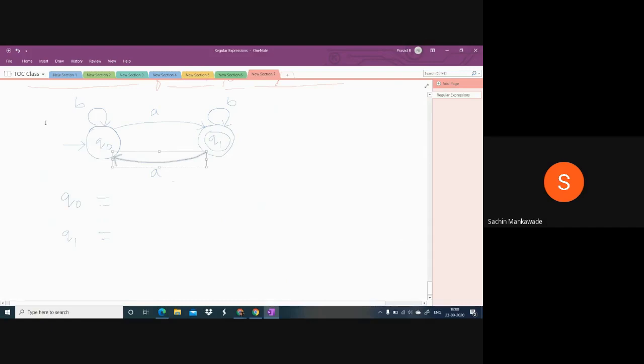And this is from outside. So for this reason, Q0 equal to, we write epsilon. And this is another edge. Look at this. This is coming to Q0 from where?